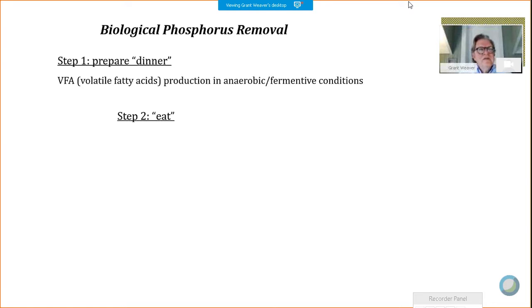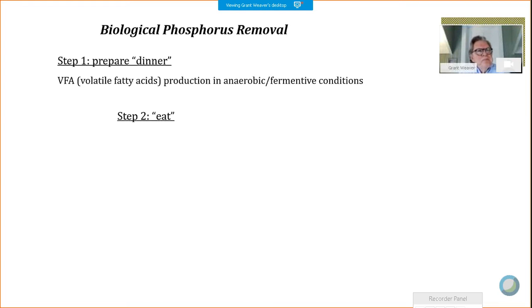The volatile fatty acids are the acids in the acid alkalinity ratio. So if you run an anaerobic digester, it's more problematic for biological phosphorus removal. By no means does it take you out of the running, it just complicates your life a little bit. So we need to go short of creating methane gas with these volatile fatty acids. Vinegar is a volatile fatty acid.